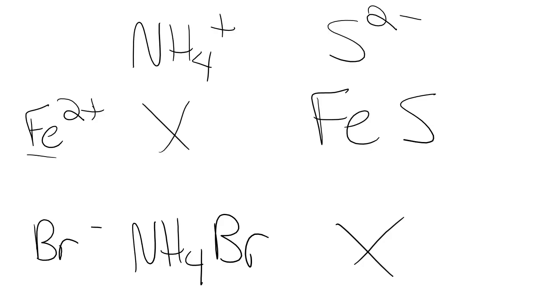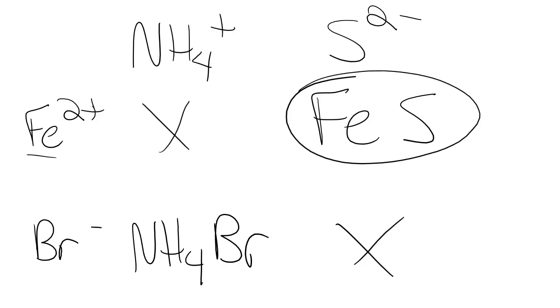FeS, it says S is generally insoluble, except when paired with calcium, strontium, barium, and so this is going to form a precipitate. This would be the formula of the precipitate, the empirical formula.